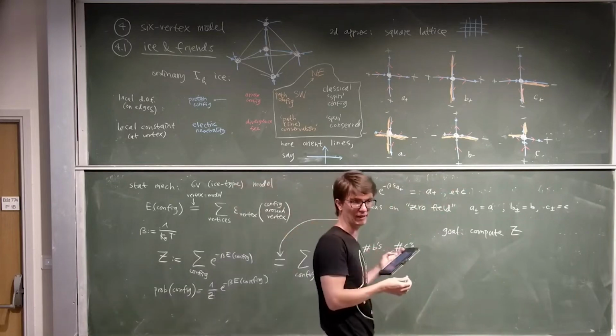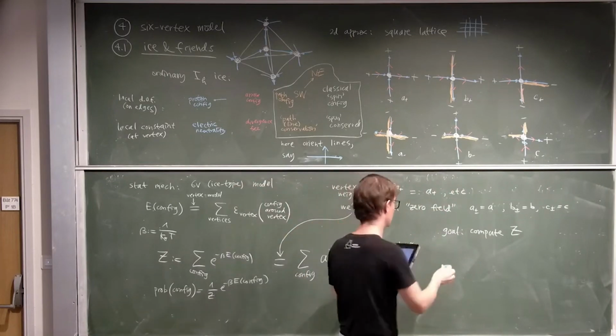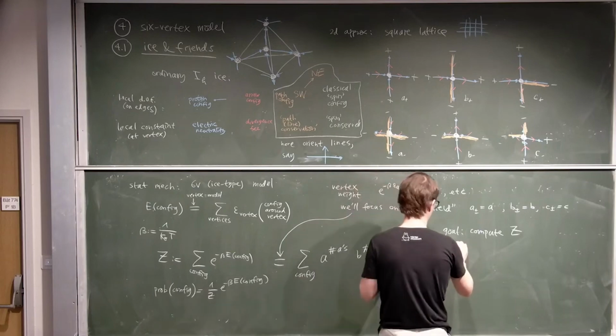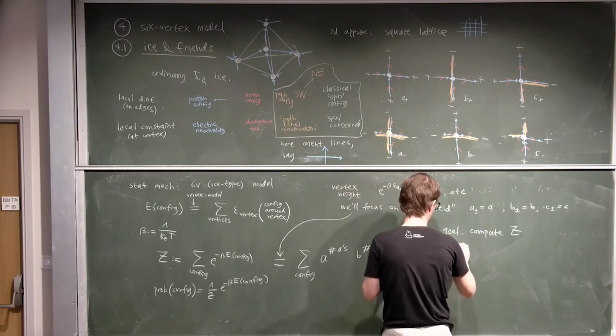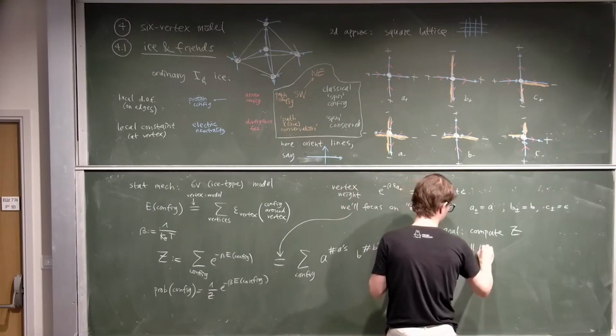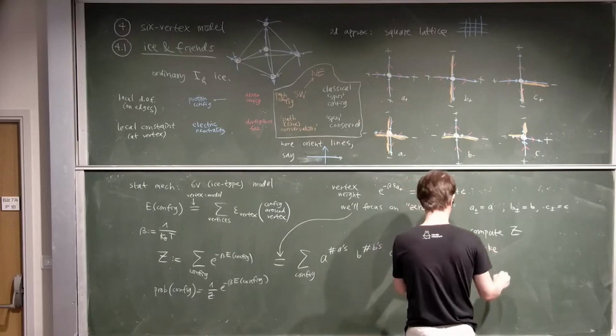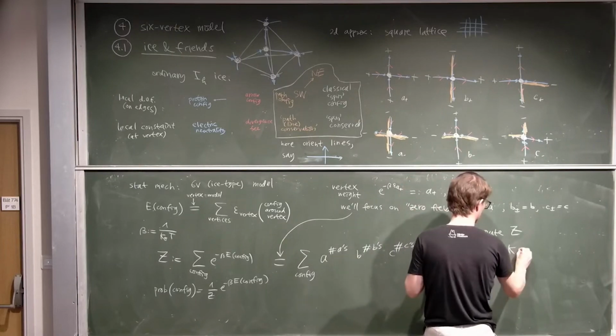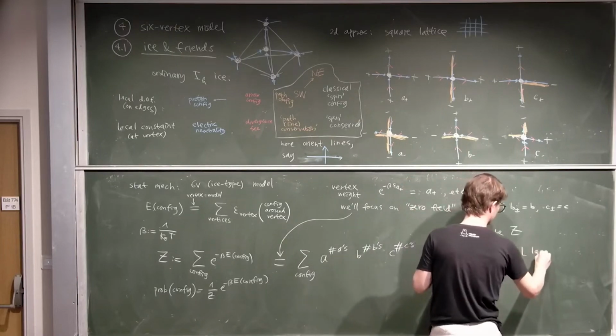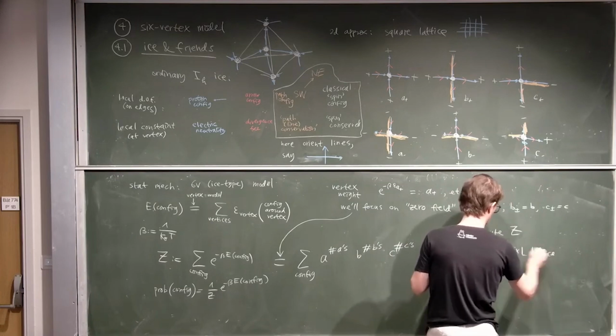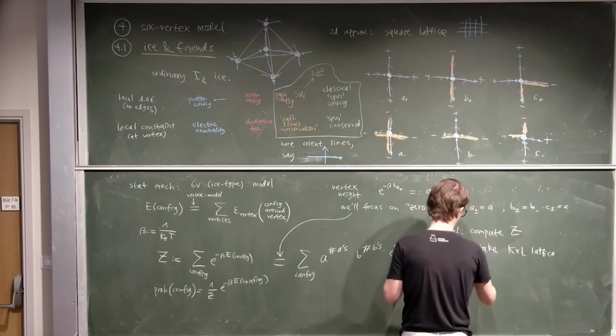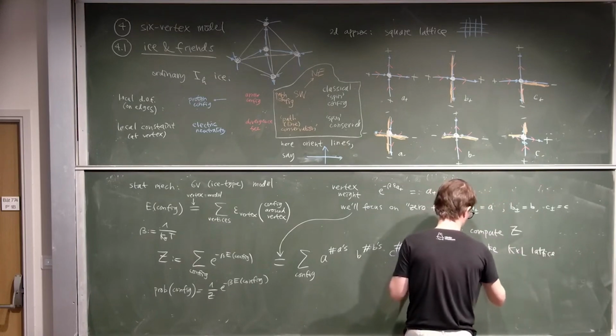And okay, we have to be a little bit more precise if you really want to do this. So what we will do is take a K by L lattice on a torus. So we impose periodic boundary conditions in both directions.